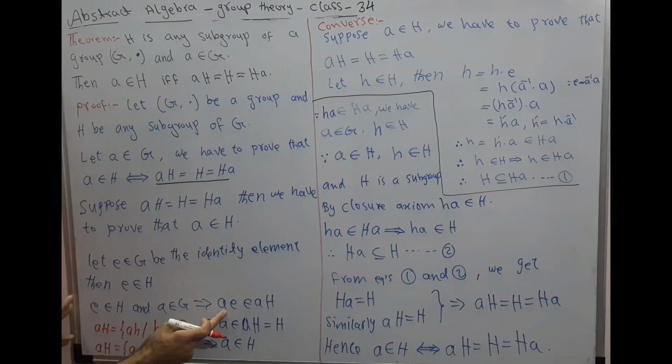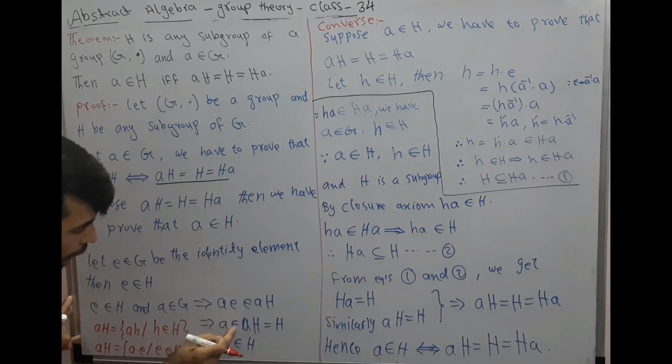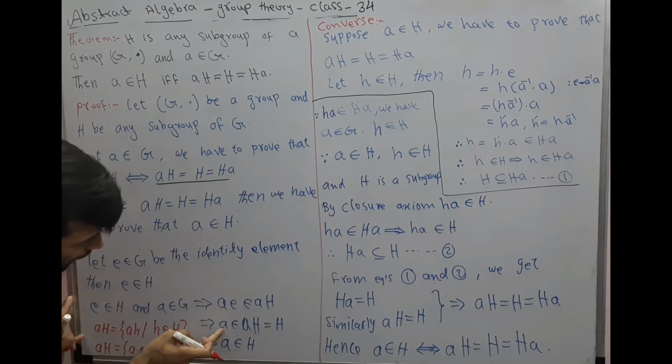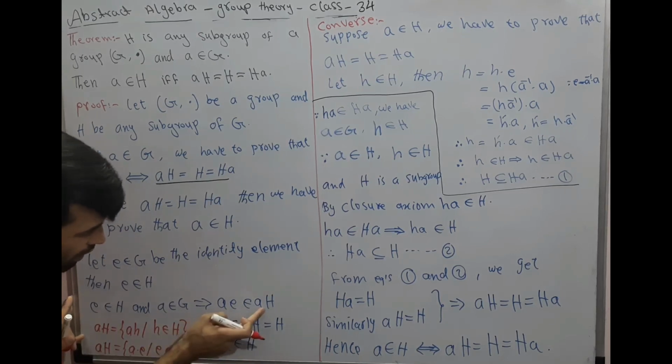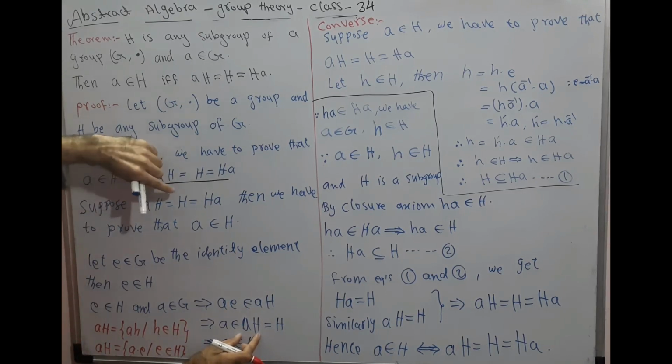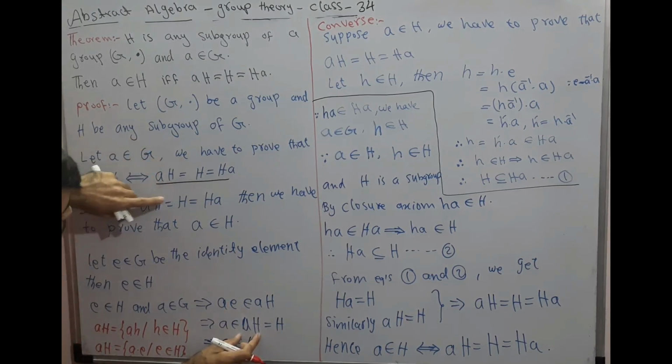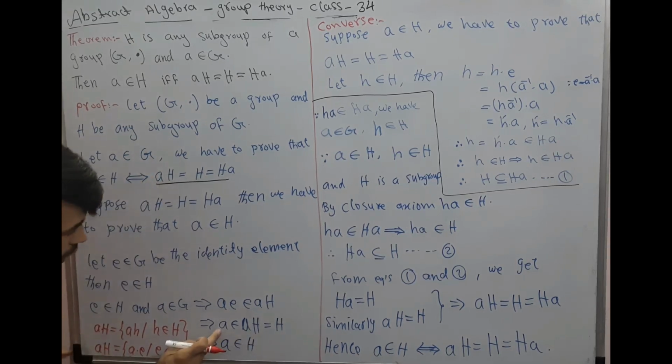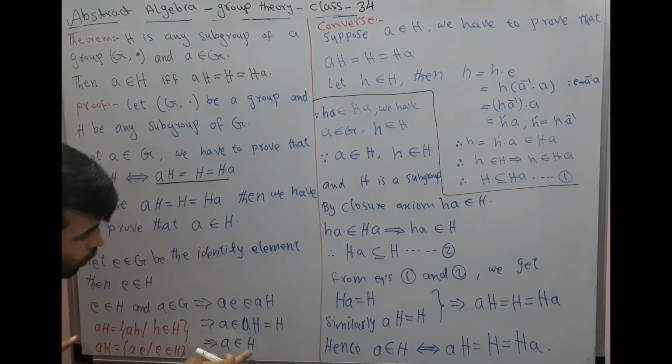Here, a·e belongs to aH. This implies a·e, which is a, belongs to the left coset. We have left coset equal to H. This implies a belongs to H.